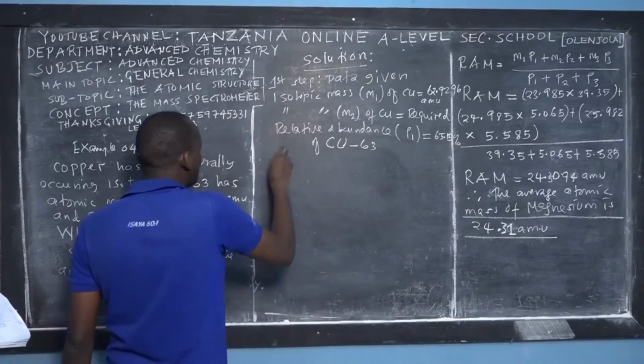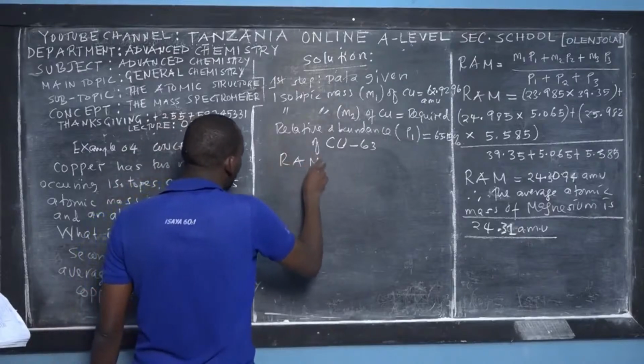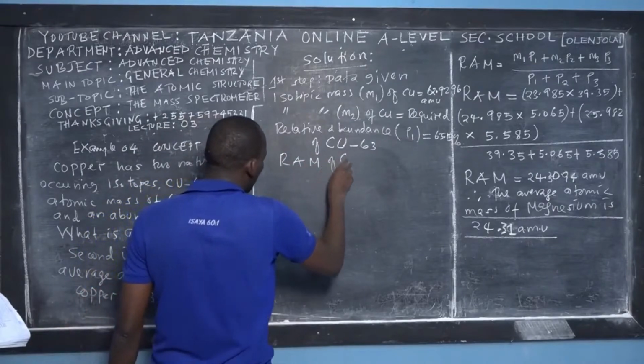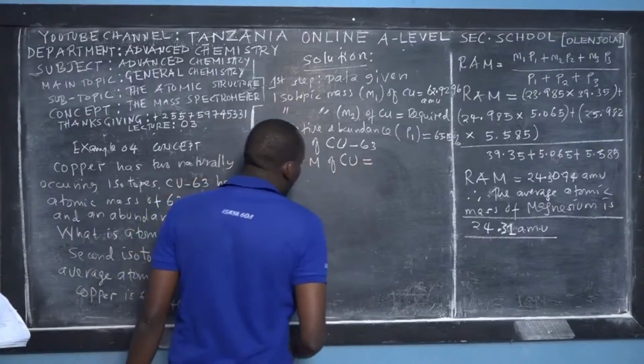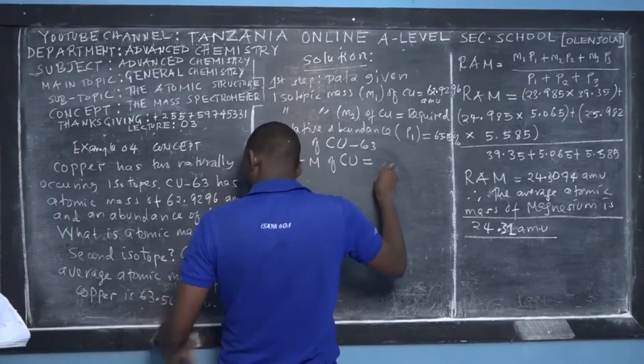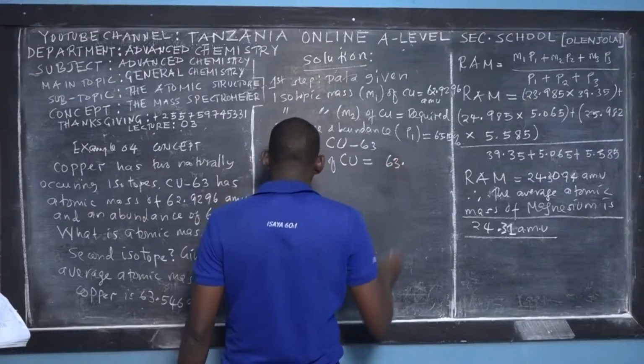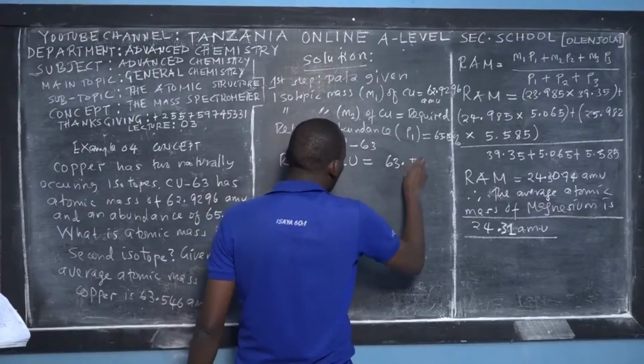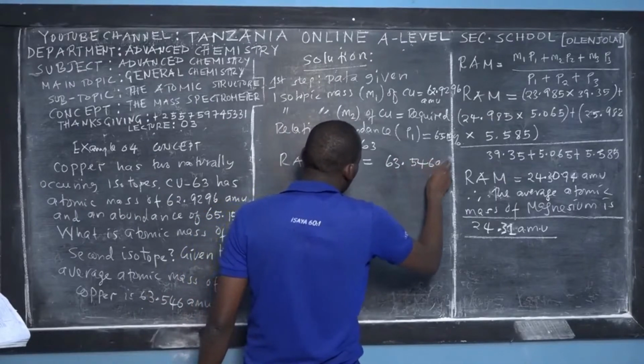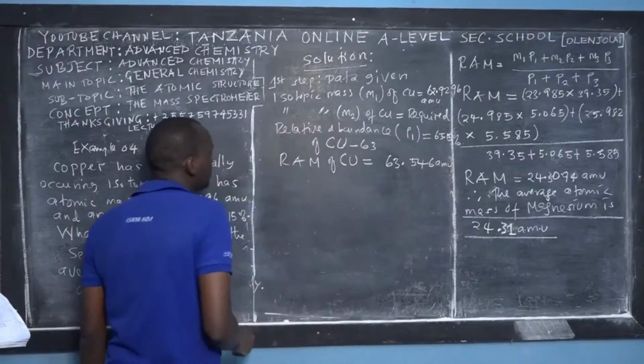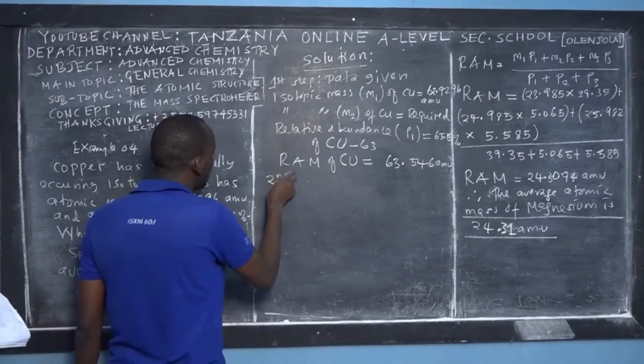Then we are given the relative atomic mass of copper, the average atomic mass right now, as 63.546 atomic mass unit. So that is all about the first step.